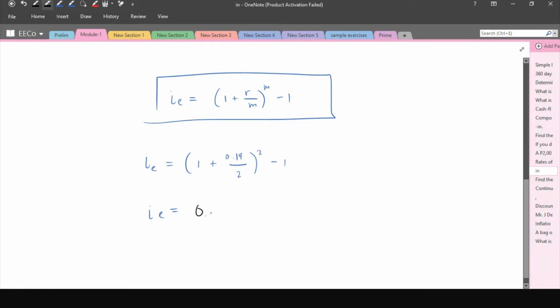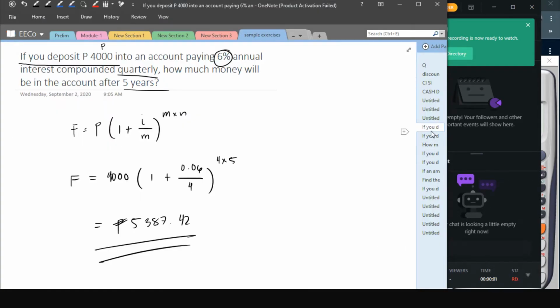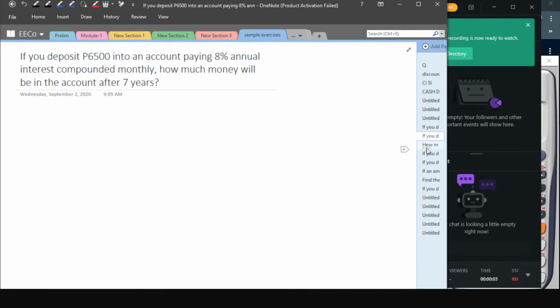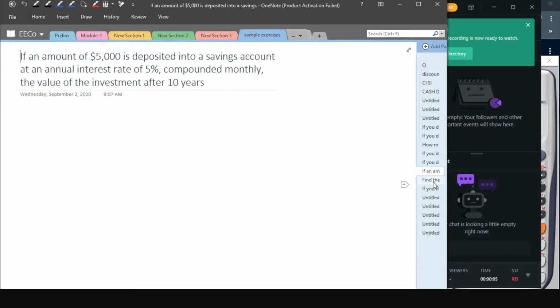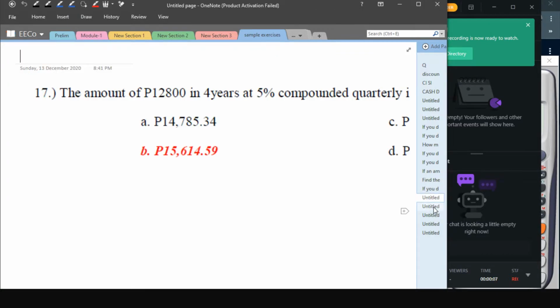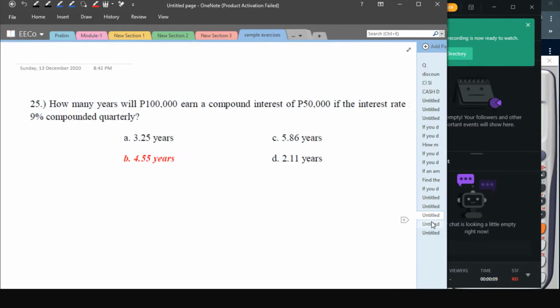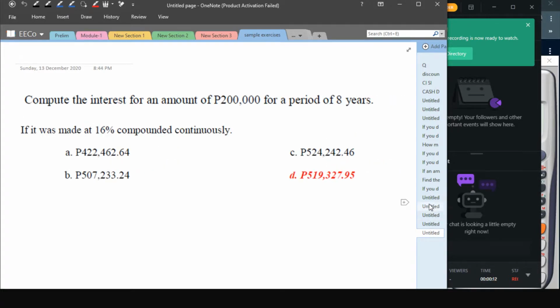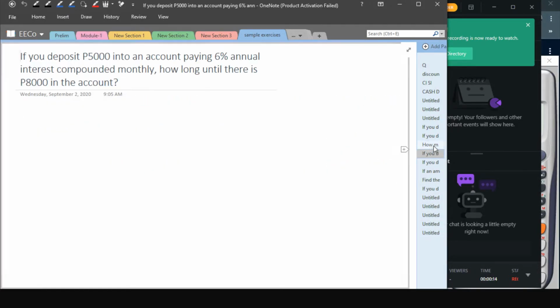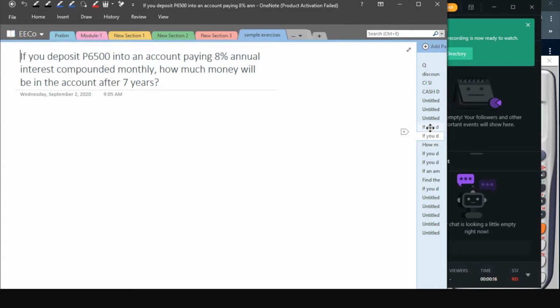So, that's 0.1449. That is the effective rate in a year. So, I have here multiple problems that involve yung compound interest. Okay? So, marami ako ditong solve sa inyo.